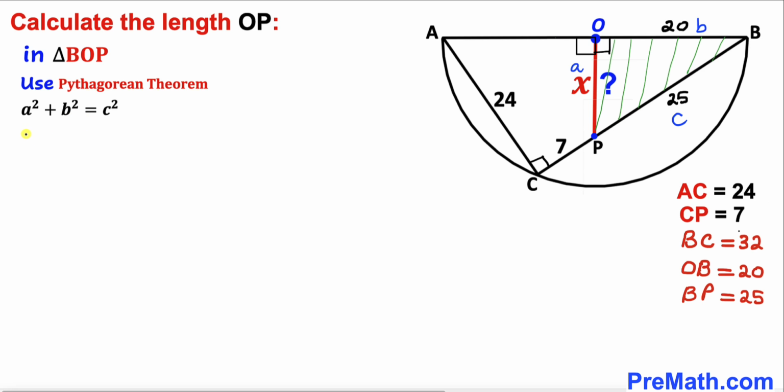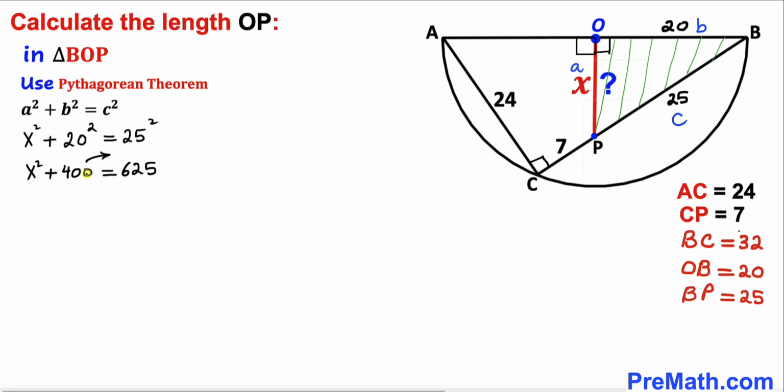a in our case is x, so it becomes x squared, plus b in our case is 20, so 20 squared, equals 25 squared. So we get x squared plus 400 equals 625.